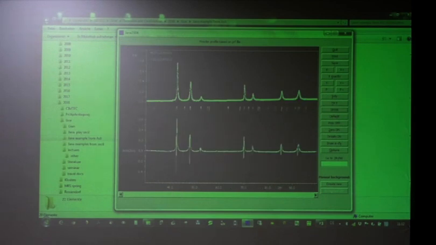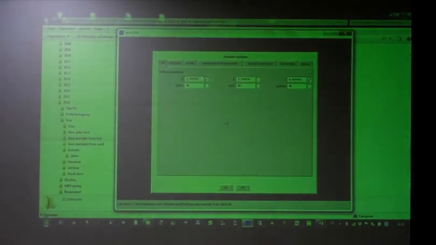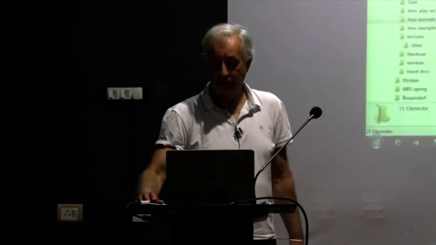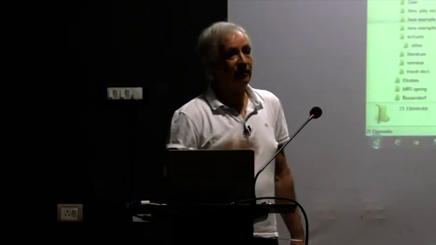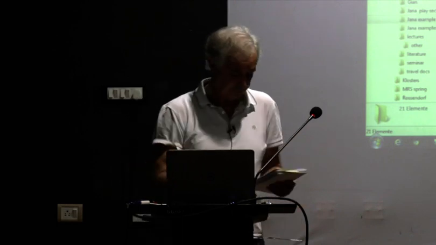Anyhow, so then we go to quit. And then we go back to edit profile again. So you see already that the ABC parameters have changed. We allowed them to change.